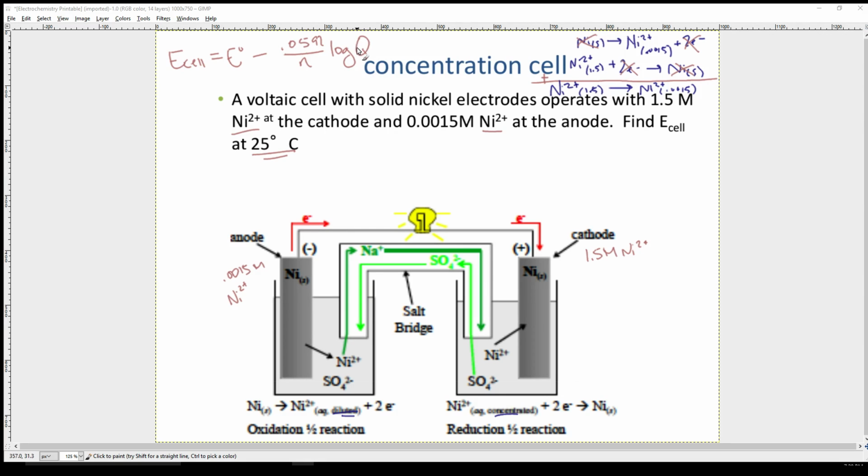So that helps me figure out Q, because I know that Q is products over reactants. So let's go ahead and just start plugging stuff in. I know that the standard cell potential for a concentration cell is equal to 0.